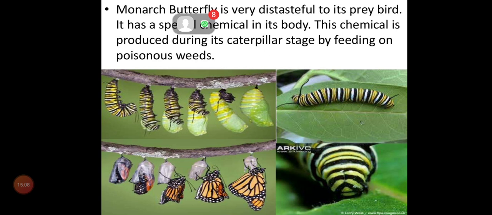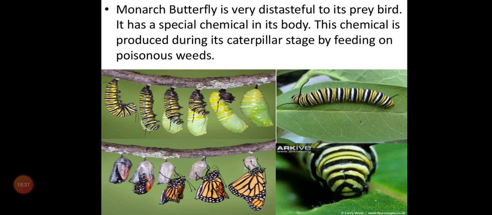Normally this monarch butterfly lays its eggs on the swan plant, but it eats the toxic milkweed plant. Because of that, it has cardiac glycoside chemicals in its body, and when it is preyed upon by other animals, it gives some distaste, and automatically the predators won't search for the monarch butterfly.